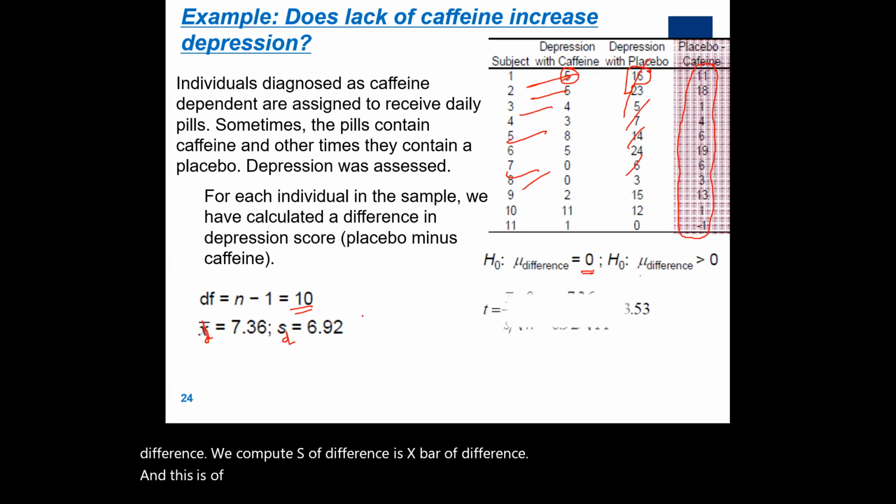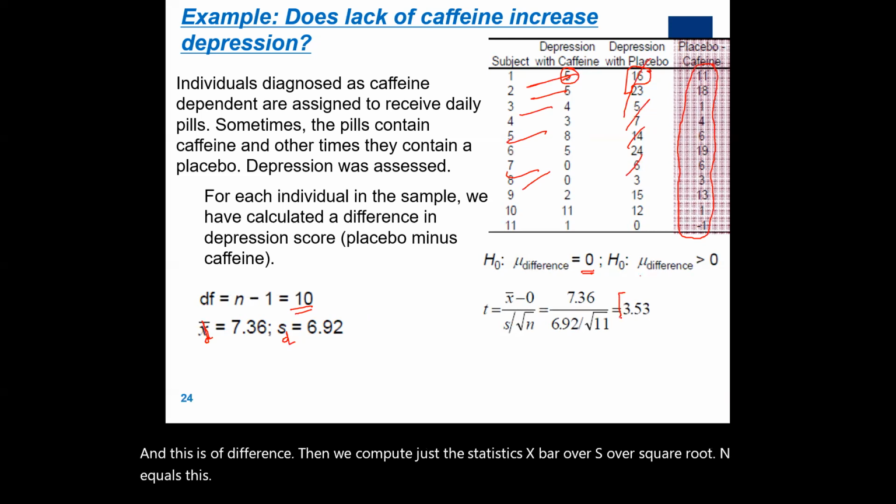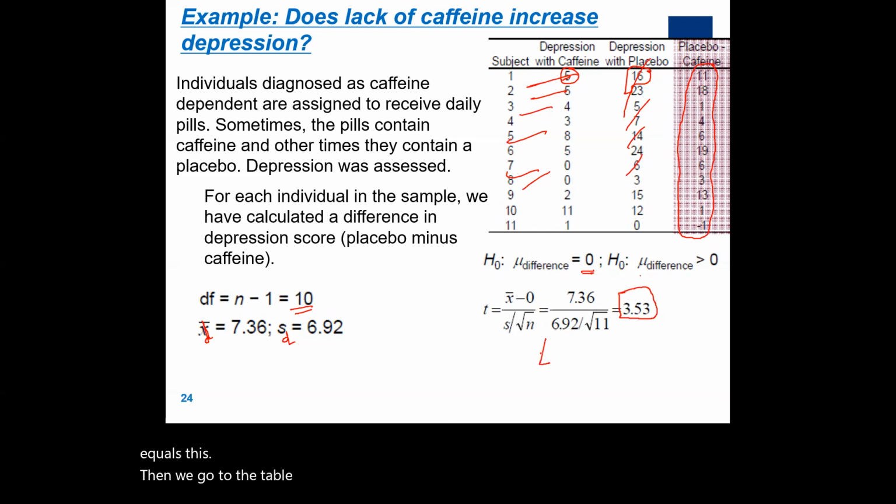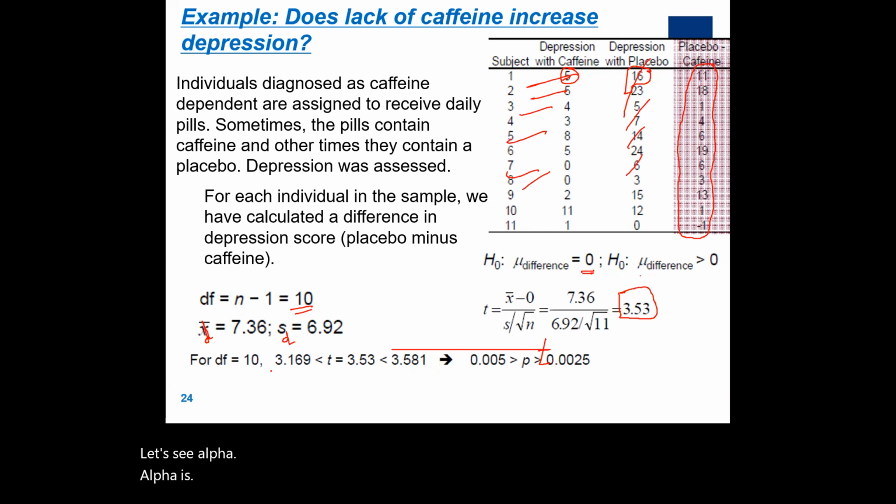Then we compute the test statistic, x bar over s over square root n. Then we go to the table with alpha. Alpha is 0.05 with the degrees of freedom. They have to mention alpha somewhere.